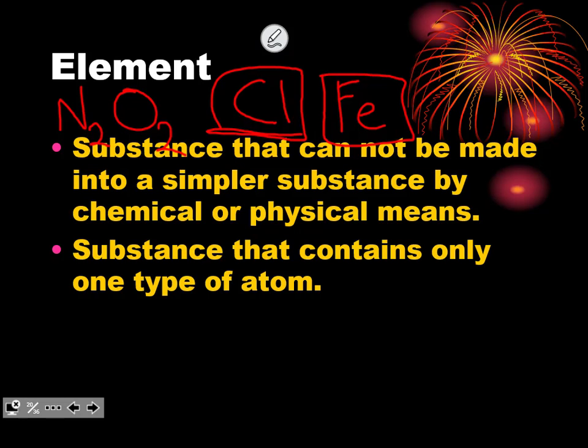So these can be elements. There'll also be some other stuff that we'll talk about as we go on. But this is just iron, would just be one atom. Chlorine, just one atom. Oxygen is 2 atoms, but it's still an element because it's only oxygen.